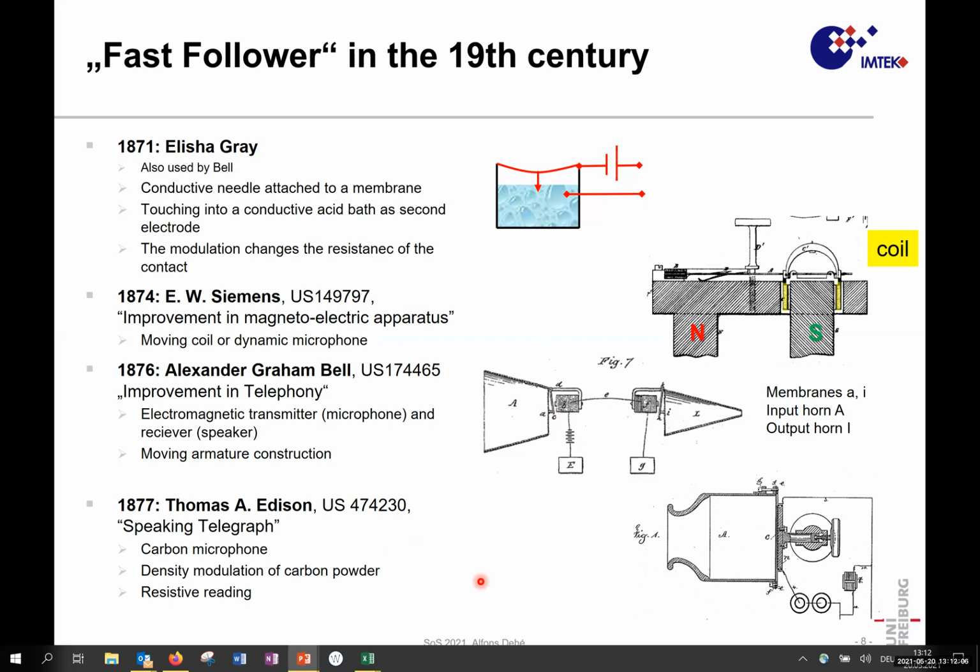Carbon as a powder has some resistivity, of course, and if you compress the powder, the resistivity is low, because the powder particles are in better contact with each other. If you then put the powder in such a box with a contact on the one hand and the other contact modulated by a diaphragm, then you modulate the resistivity of the powder and modulate the current this way.